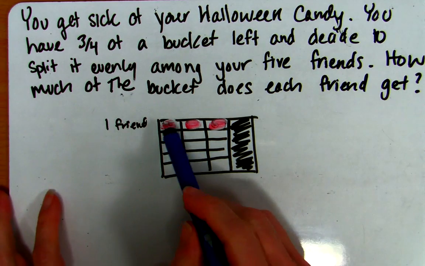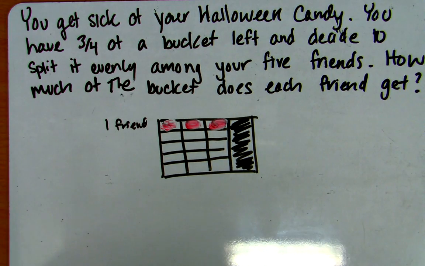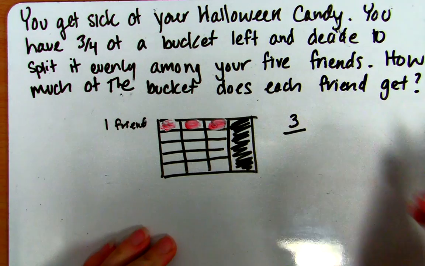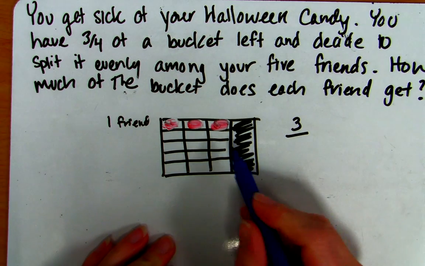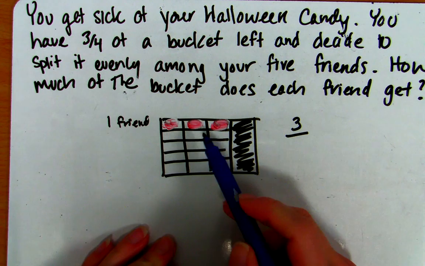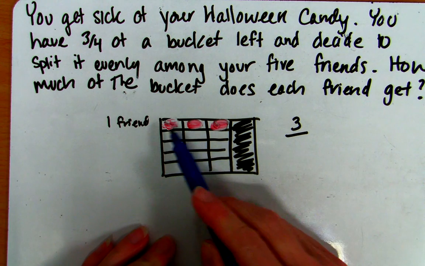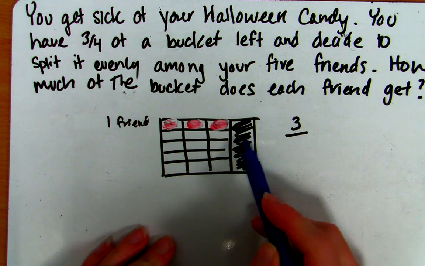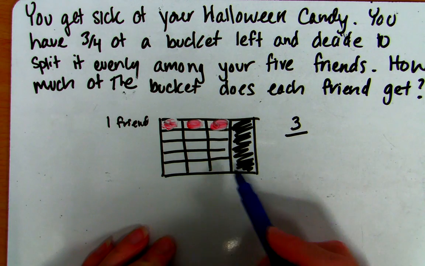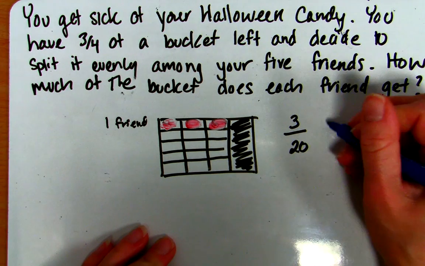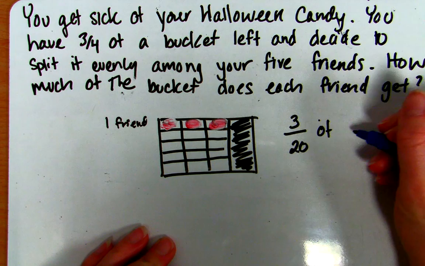Let's count. 1, 2, 3. And we want to know of a whole bucket, how much of a whole bucket does he or she get? This would be 1, 2, 3 out of a total of 20. 3 out of 20. So 3/20ths of a bucket.